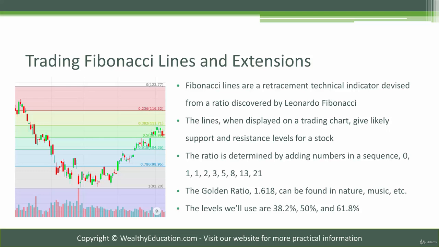And then the move from C forward is an impulse wave, and so forth. The important measurement we'll be taking with Fibonacci lines is of the corrective wave, or the move from B to C. Fibonacci lines will then tell us at what point C is a support level and a good place to enter the stock. So let's take a look at Fibonacci lines on a chart.